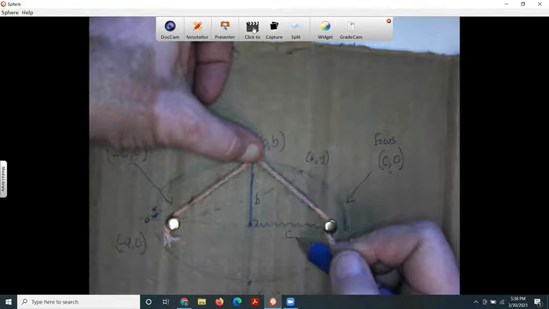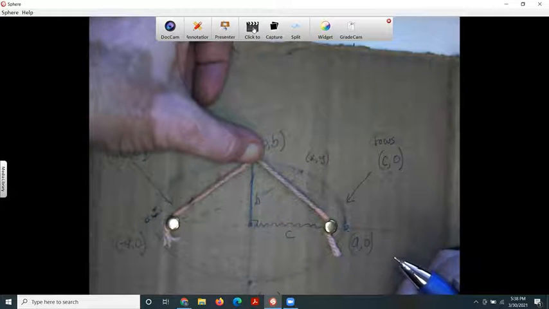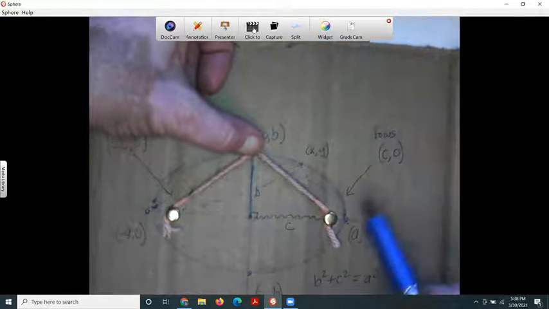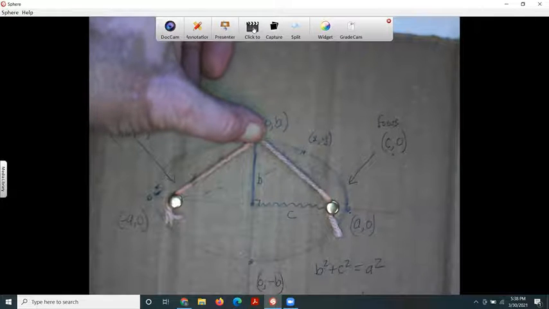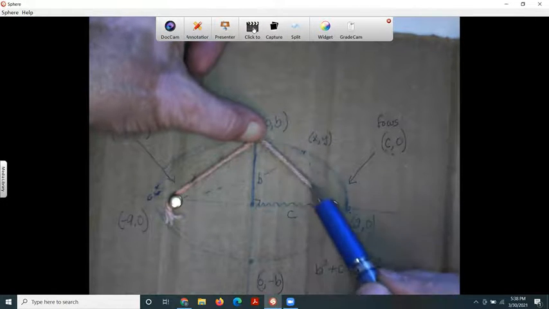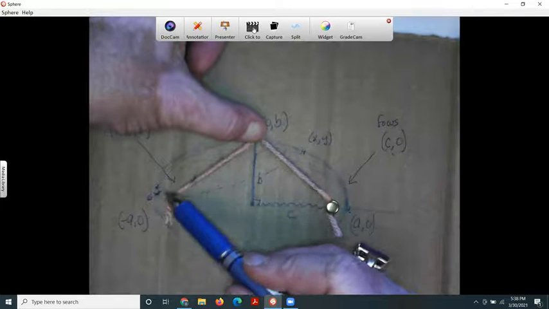So B squared plus C squared equals A squared. Wait. So B squared plus C squared equals A squared. What? I know. You guys think A squared plus B squared equals C squared, but in this case, this hypotenuse is half of my string length, so it's A.